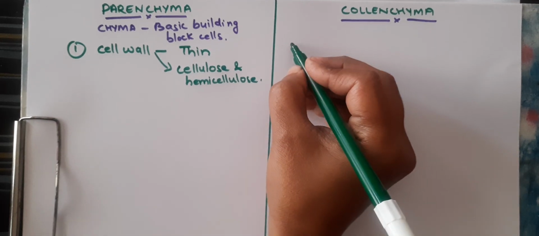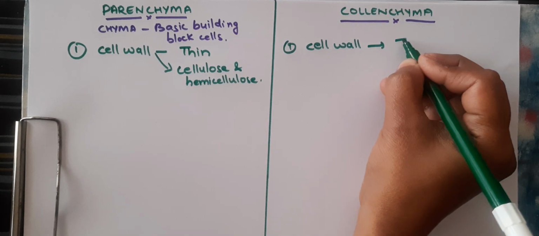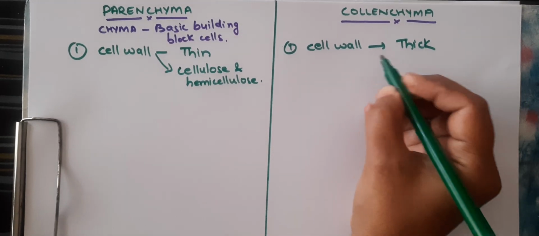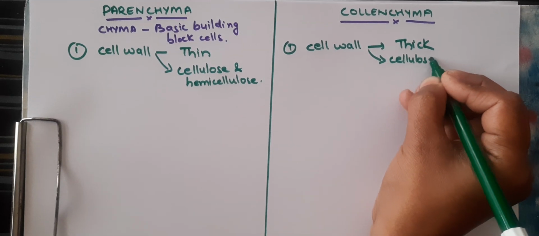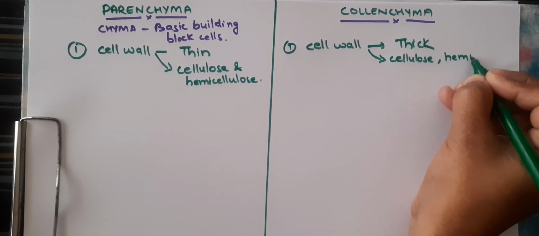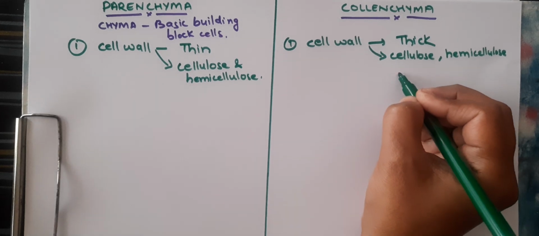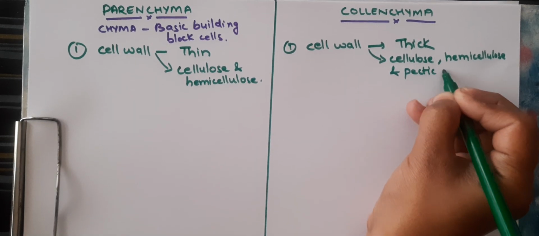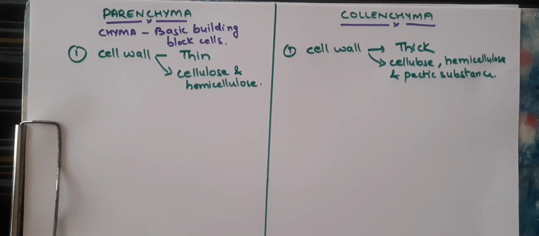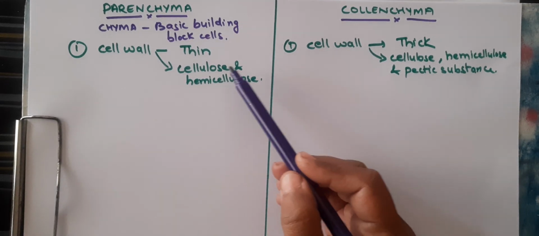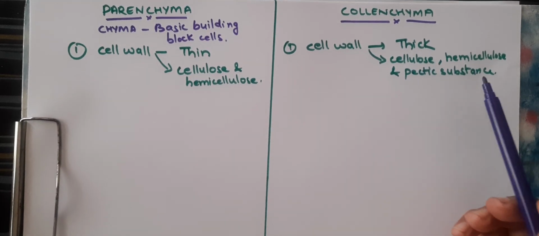If we talk about the collenchyma, the cell walls are thick, and the cell wall is composed of cellulose, hemicellulose, and also pectic substances. So parenchyma cells are thin walled and composed of only two, cellulose and hemicellulose, whereas collenchyma cells are thick and made up of cellulose, hemicellulose and pectic substances.